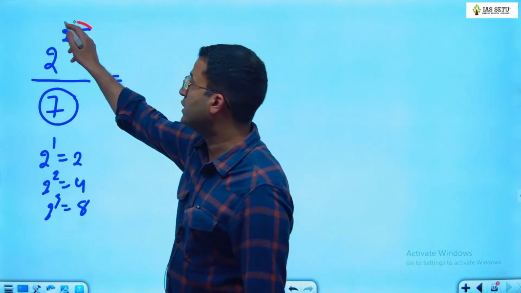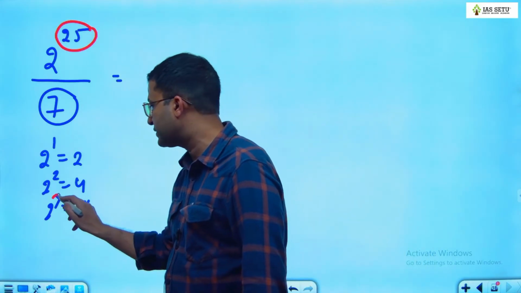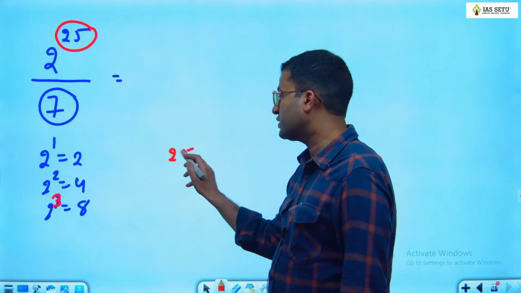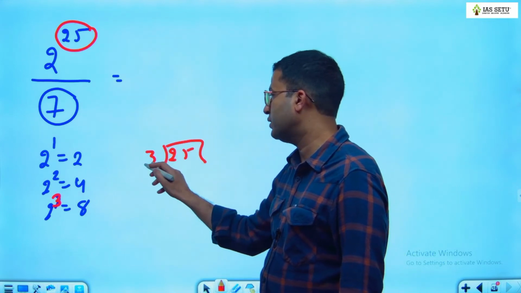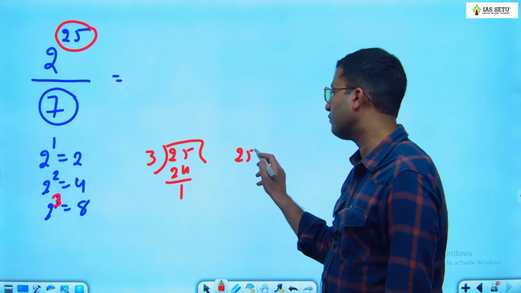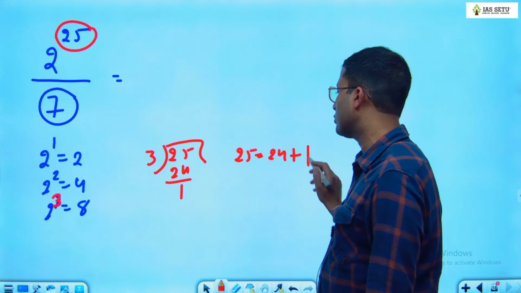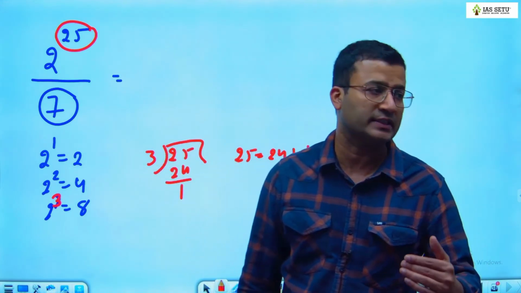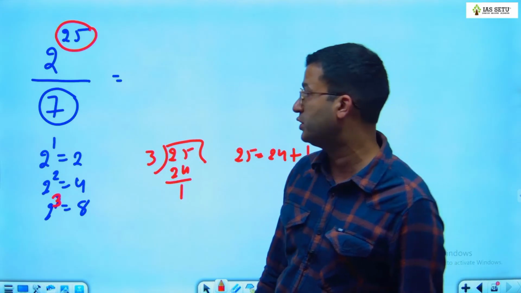Since this 25 is not an exact multiple of 3, there is one extra step. Divided by 3, you get 24 plus 1. 25 is equal to 24 plus 1. It means up to power 24 it is easy. This is one extra power which will trouble you.